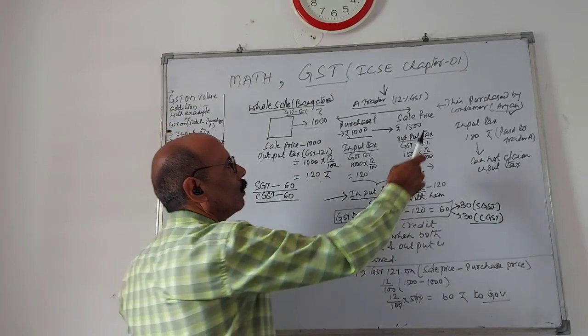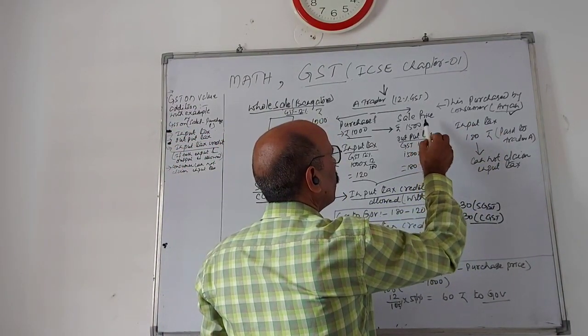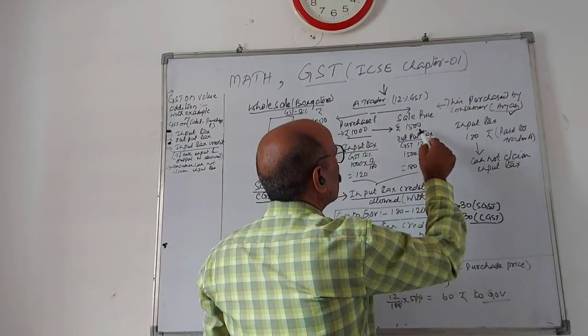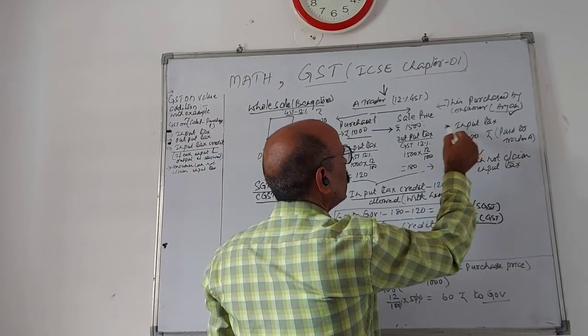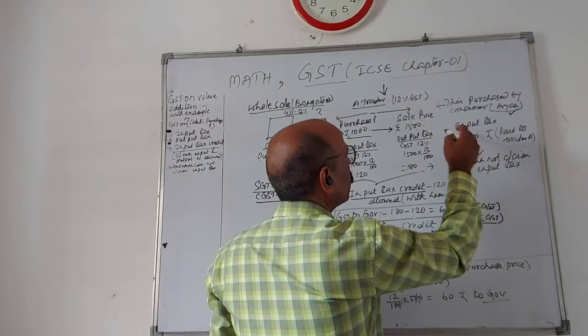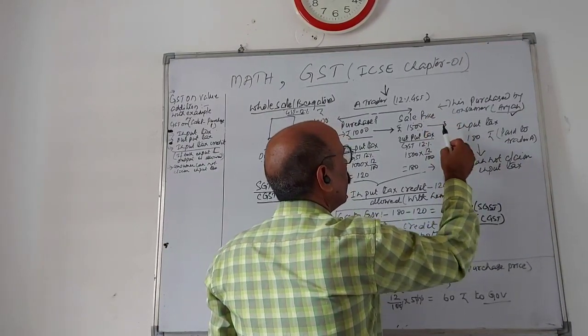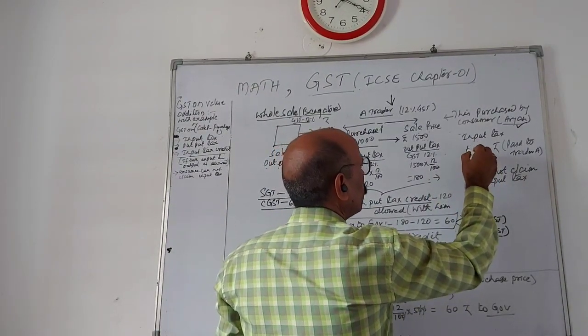So what will he do? He has to pay the same amount with GST: the 1500 sell price and additional 12% GST, 180 rupees.